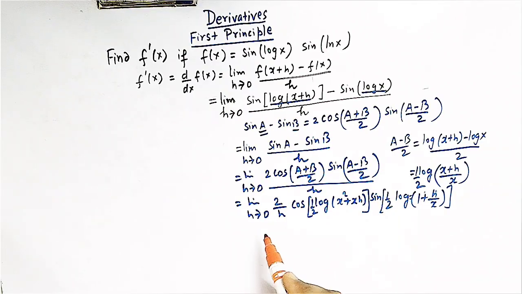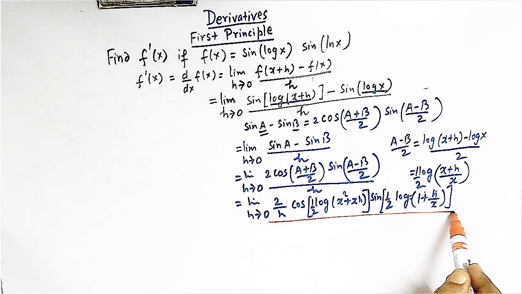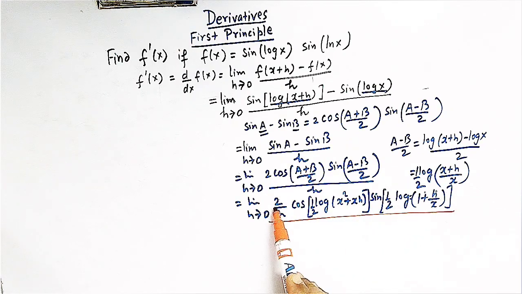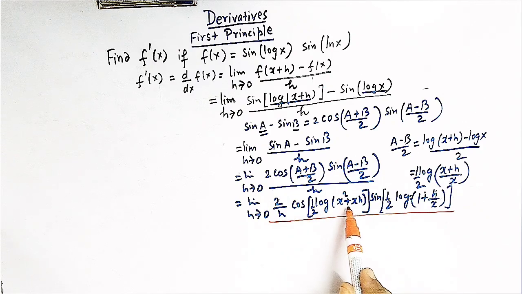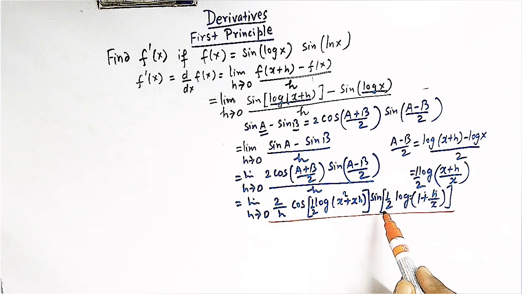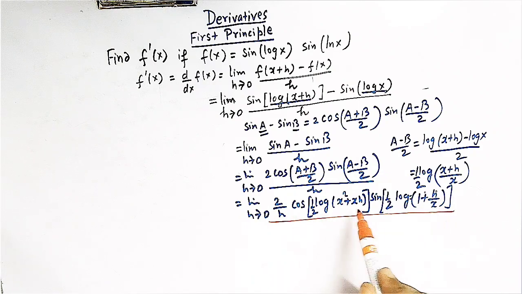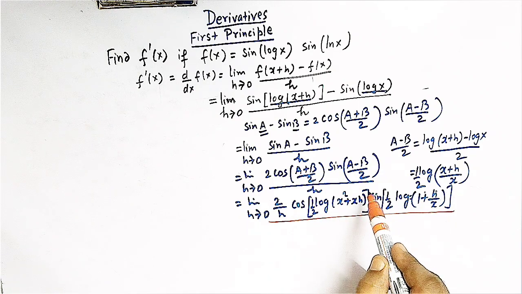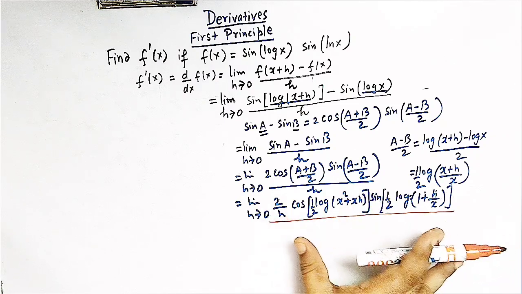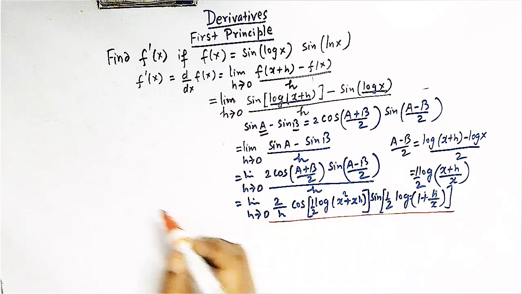Now our aim is to find the value of this limit. Here we have three terms. First is 2 over h, then we have cos of half log of x square plus xh, and then we have sine of half log of 1 plus h over x. What we will do is first write this expression like this.